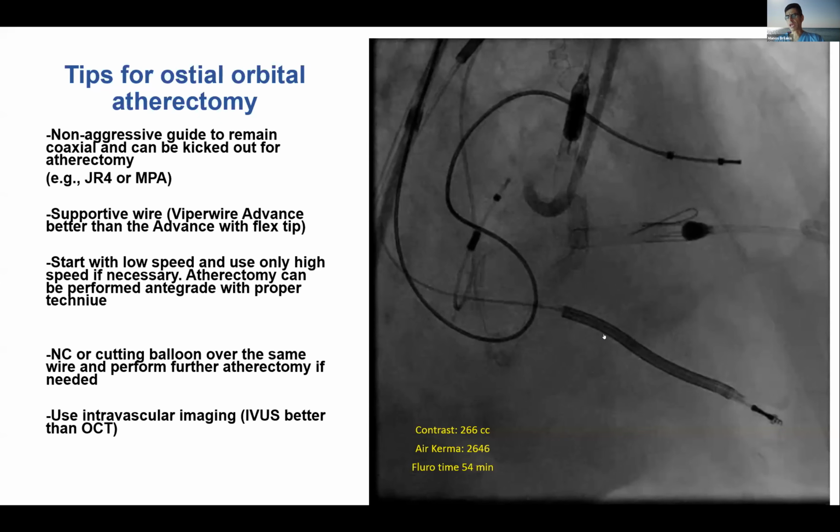Having said that, also be careful not to perform multiple passes inside the guide extension, because you might shave some pieces off, which may not be the best way to do it. Right. So you want to start your run at the tip of the guide extension versus way back inside the guide extension, potentially atherectomizing inside it. Right. Thank you.